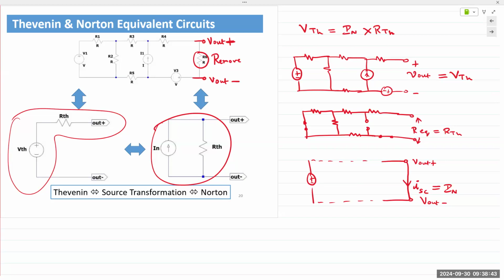For example, in this class we'd work with models for diodes and transistors, where you'd have 3 or 4 resistors connected to a transistor. You need to find the Thevenin resistance as seen from the perspective of the transistor. The transistor is removed and you analyze the rest of the circuit without it to find Thevenin resistance.